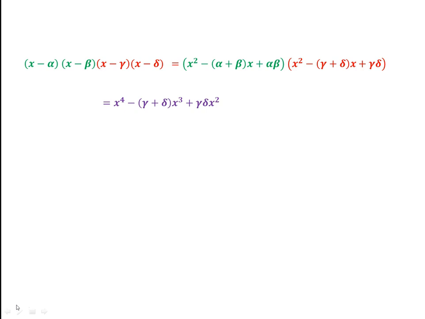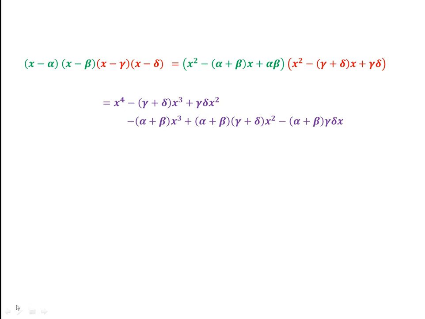If I now multiply the minus (alpha plus beta) times x in the first bracket by the second bracket, I'm going to get minus (alpha plus beta) x cubed plus (alpha plus beta) times (gamma plus delta) x squared minus (alpha plus beta) times gamma delta times x.